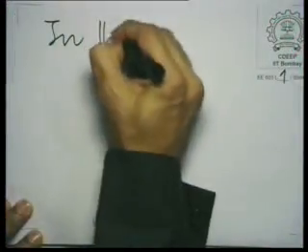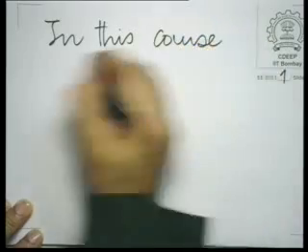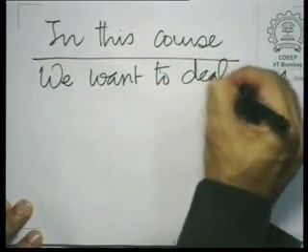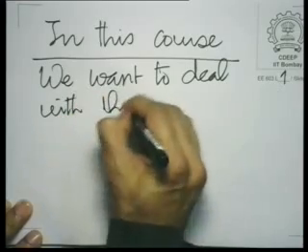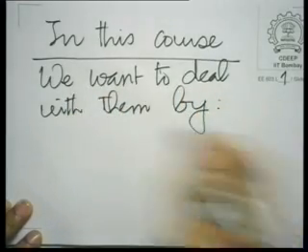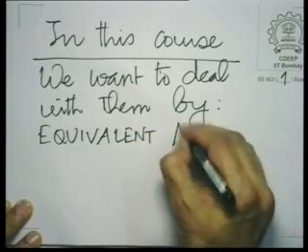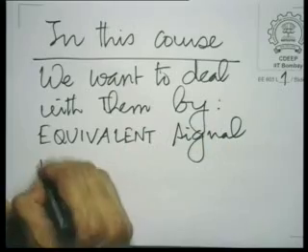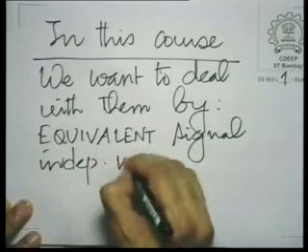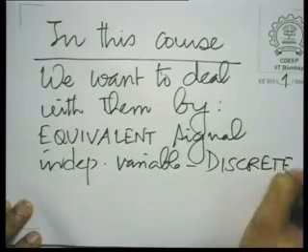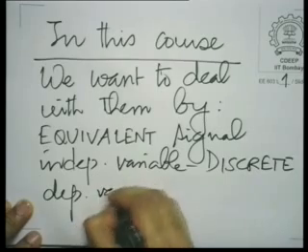Okay, so let's summarize that. In this course, we want to deal with them by an equivalent signal where the independent variable is discrete, but the dependent variable is continuous.